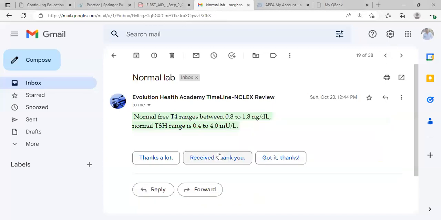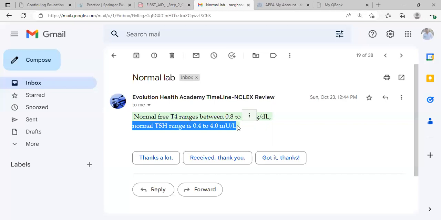Next, the normal free T4 range is between 0.8 to 1.8 nanogram per dL. The normal range for TSH is 0.4 to 4.0. How could I remember? I need to remember.